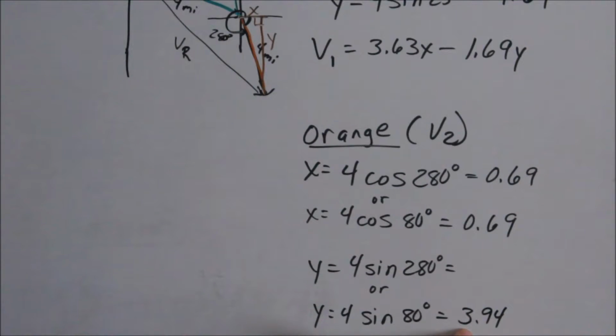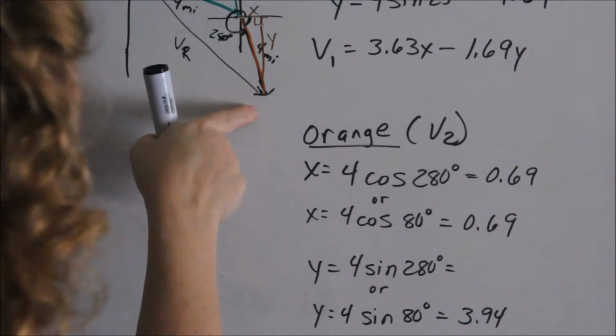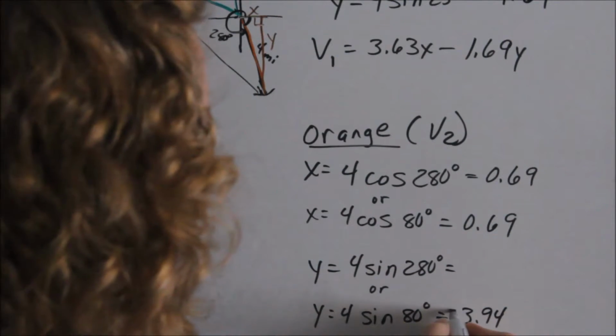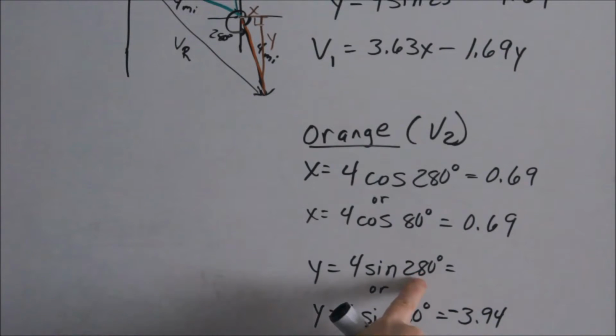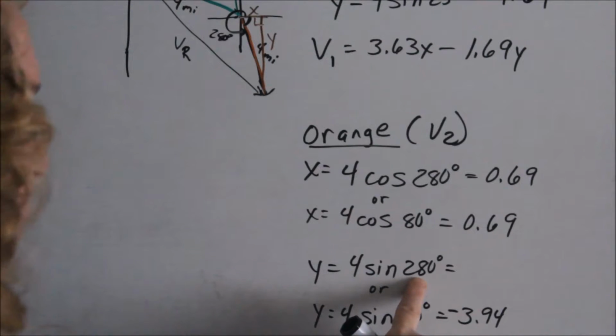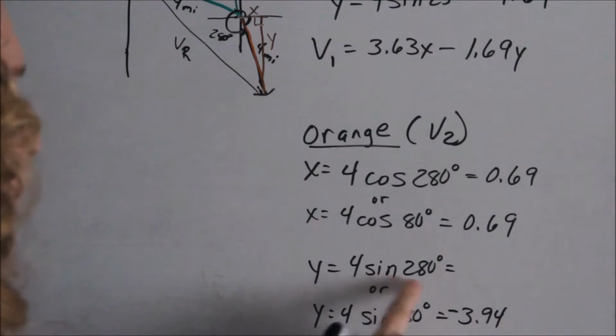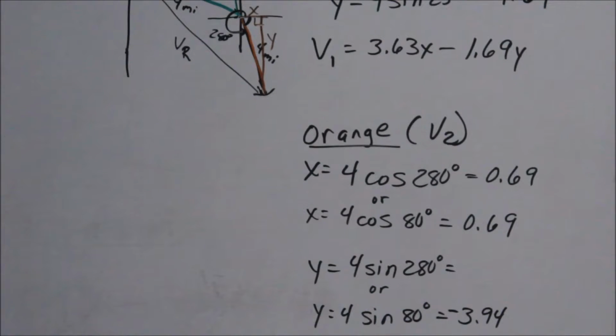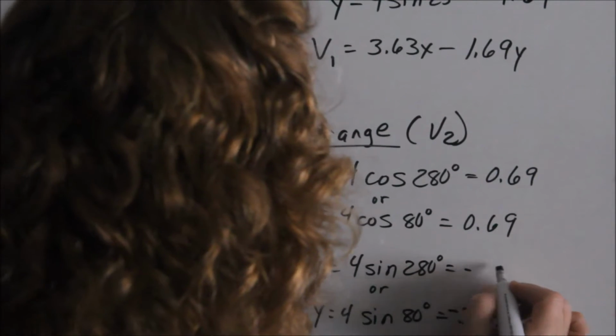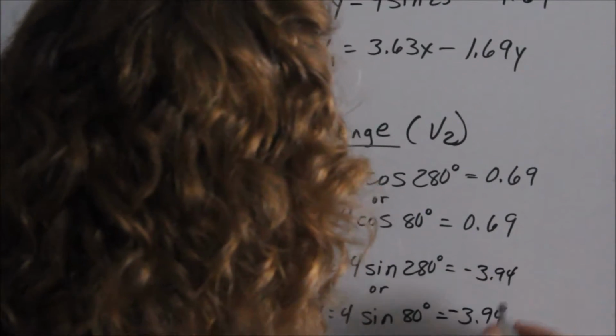Your calculator will give you a positive value, but you look at the graph and you see you went down in the y direction, so that needs to be negative. If you use 280 in your calculator, it automatically does the negative for you. The calculator knows that 280 degrees is in quadrant 4, and that sine is negative in quadrant 4.